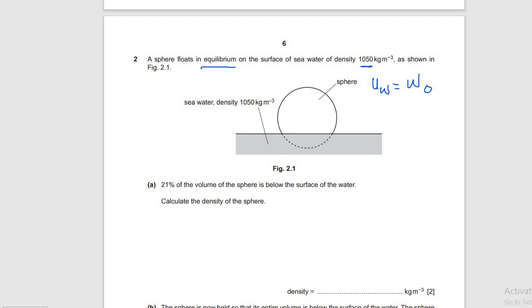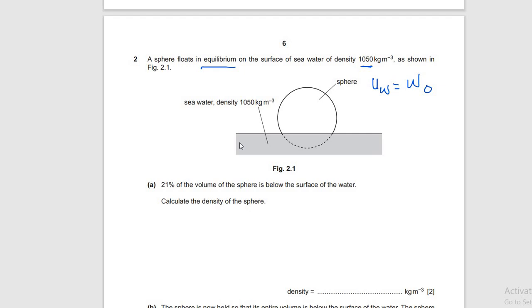This is all about Archimedes' principle in play.